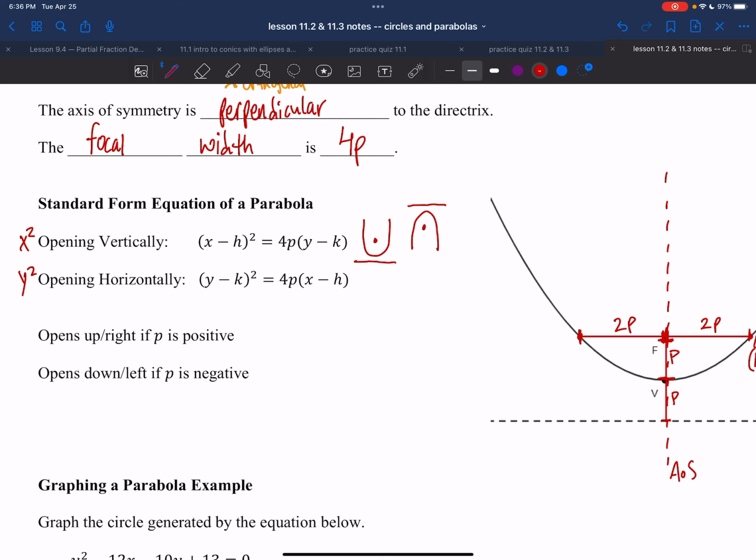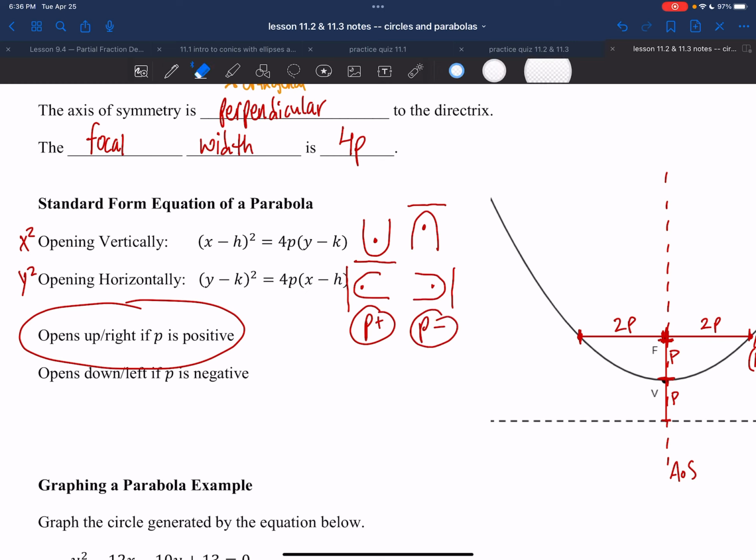If it opens horizontally, it could open to the right like this with the directrix out here, or it could open to the left like this with the directrix like this. Those are my parabolas. And down here, it's going to open up or right if p is positive. It's going to open downwards or left if p is negative. That's just facts to know.